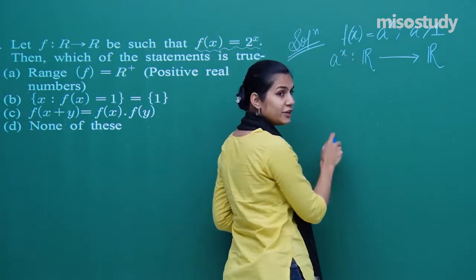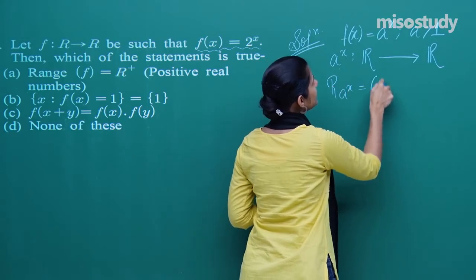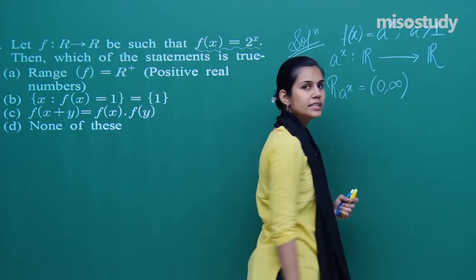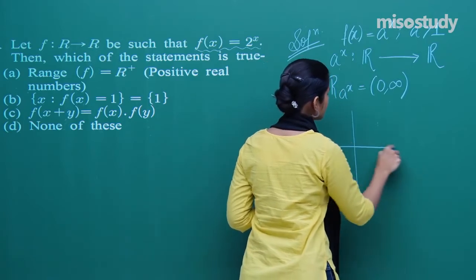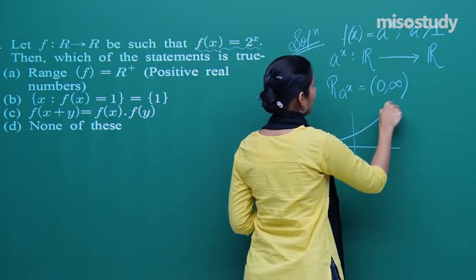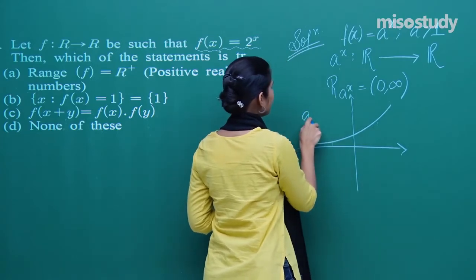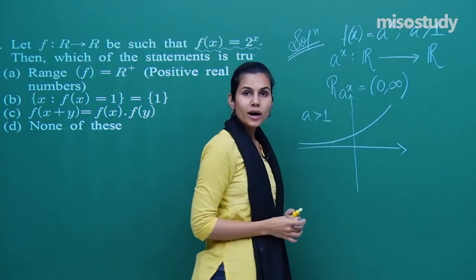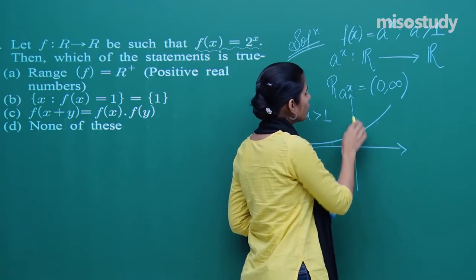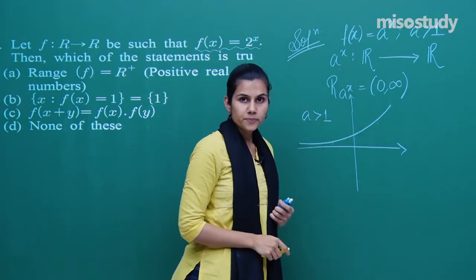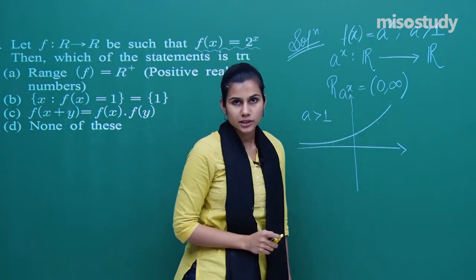But I know that the range of this function a to the power x is 0 comma infinity. We know that the graph of a to the power x goes like this for a greater than 1. That means it only covers real values which are greater than 0. That's why the range is equal to the open interval 0 comma infinity.